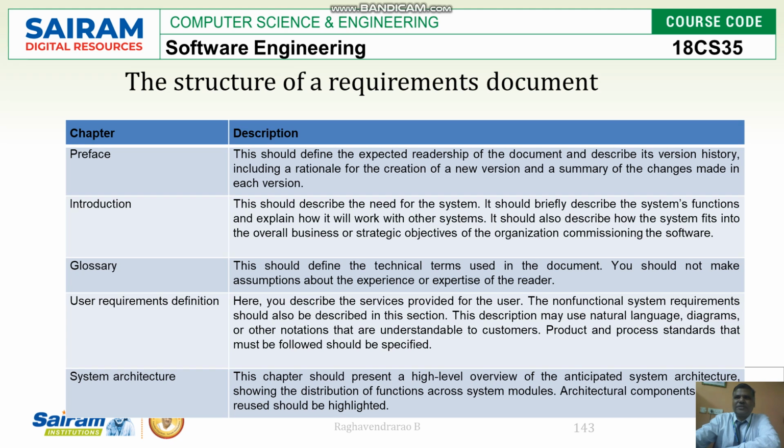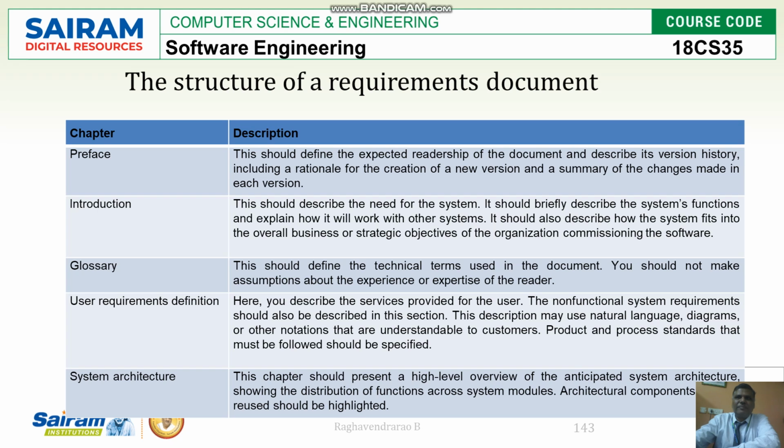For any project that you make, a preface should be there, and what is expected from this particular product should be written. Introduction of the modules: each and every module, what it is going to do, the system functionalities, those things you should specify.